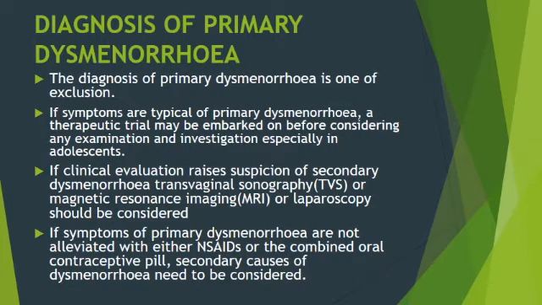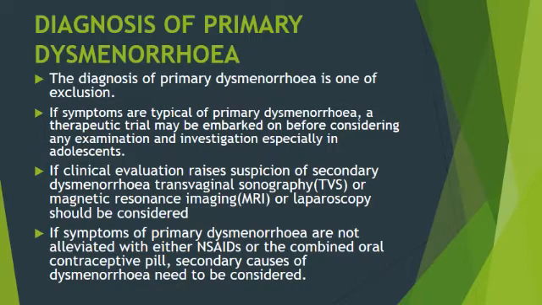Diagnosis of primary dysmenorrhea. The diagnosis of primary dysmenorrhea is one of exclusion. If symptoms are typical of primary dysmenorrhea, a therapeutic trial may be used before considering any examination or investigation, especially in adolescents.